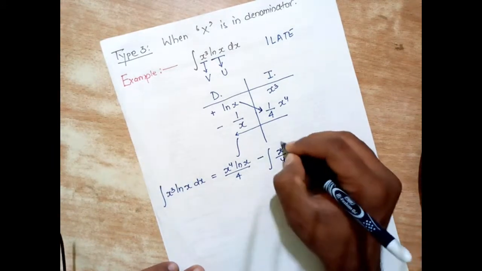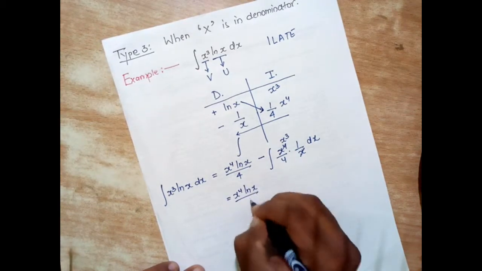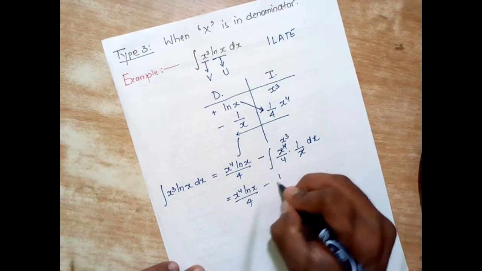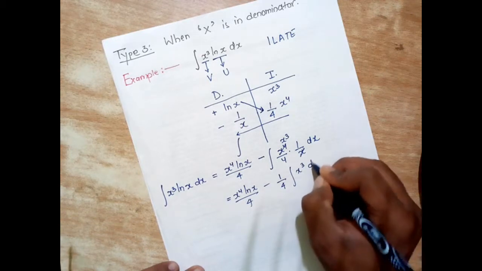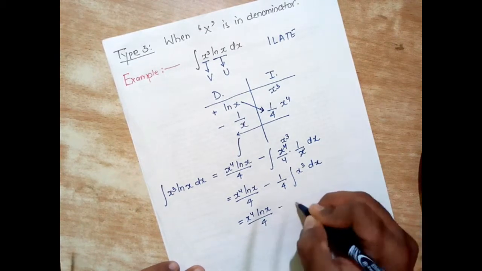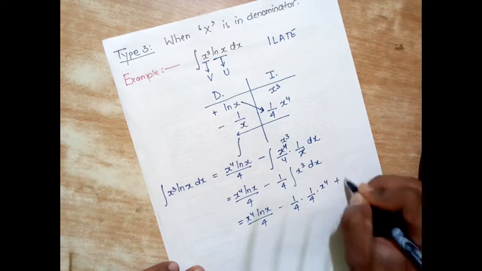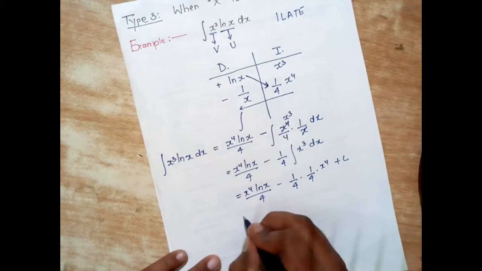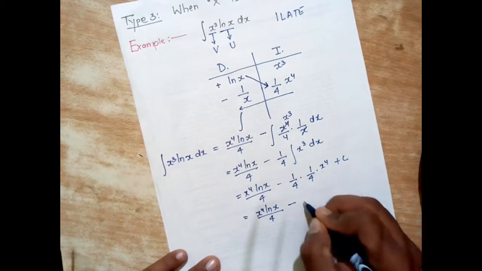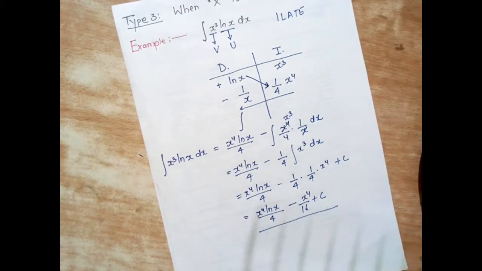We can easily calculate this one, and now 1 by 4 could be ignored as constant, and we are left with x cubed dx, which can be simply integrated as 1 by 4 into x raised to 4 plus c. That means x raised to 4 log of x upon 4 minus x raised to 4 by 16 plus c is our answer. That's it, guys.